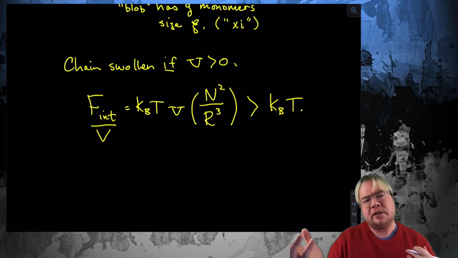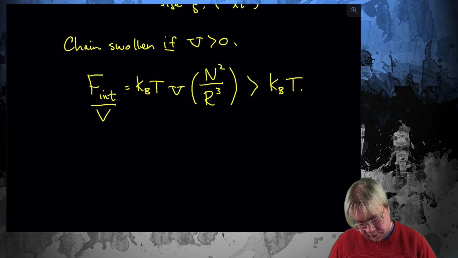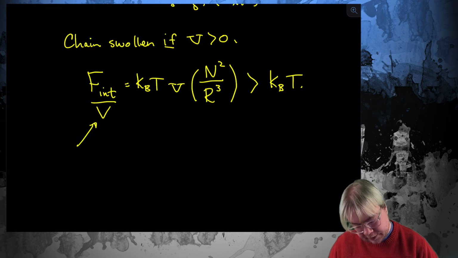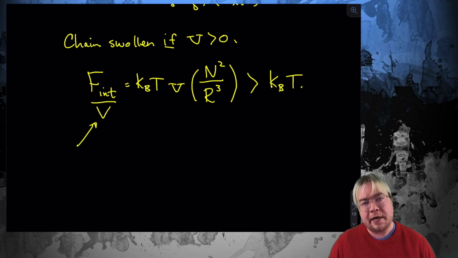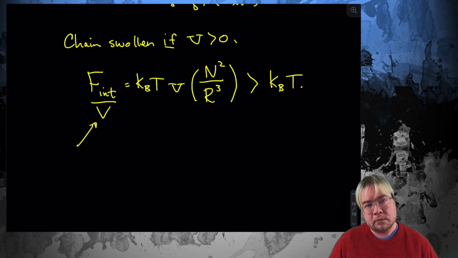Thermal energy is just these random kicks that the polymer chain gets when it's in the solution or in the melt. So if this term is to contribute to the size of the chain, then it had better be bigger than kBT. Otherwise, it's just going to get lost in the wash.